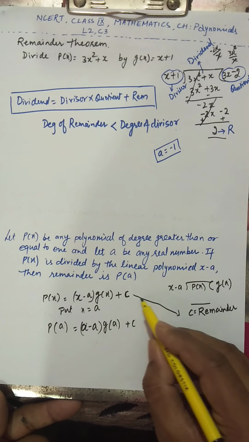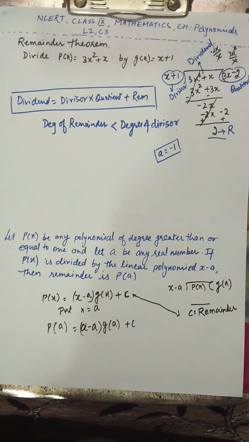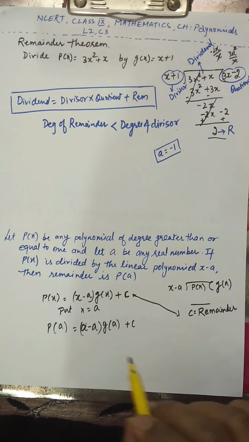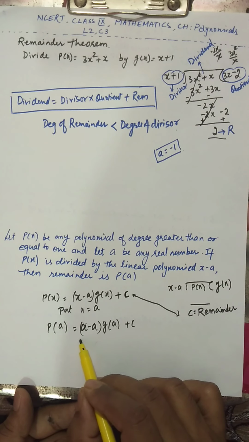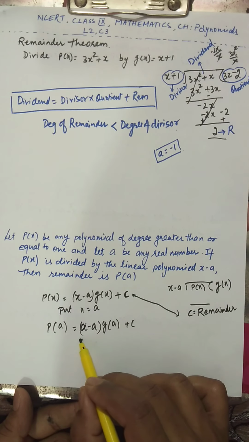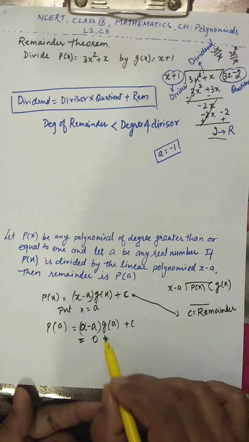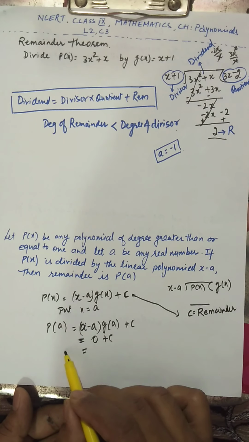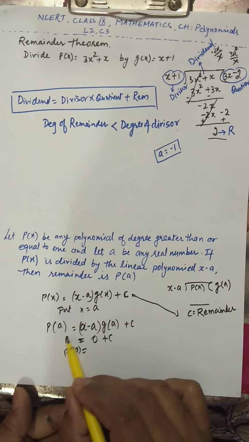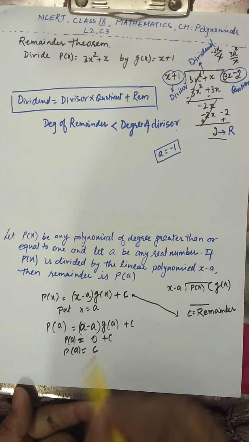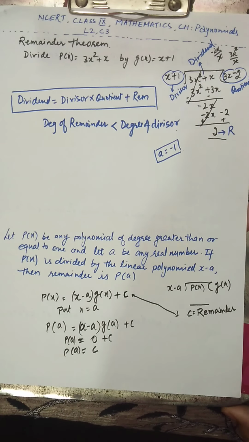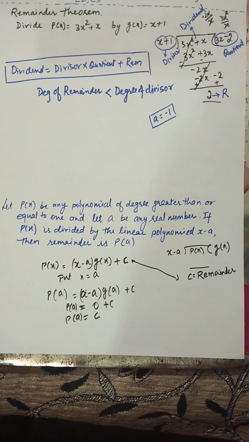I am putting this arrow so that you can understand it better. This term a minus a into g(a) is 0 into g(a), so this complete term will become 0. This is plus c, so ultimately p(a) is c.